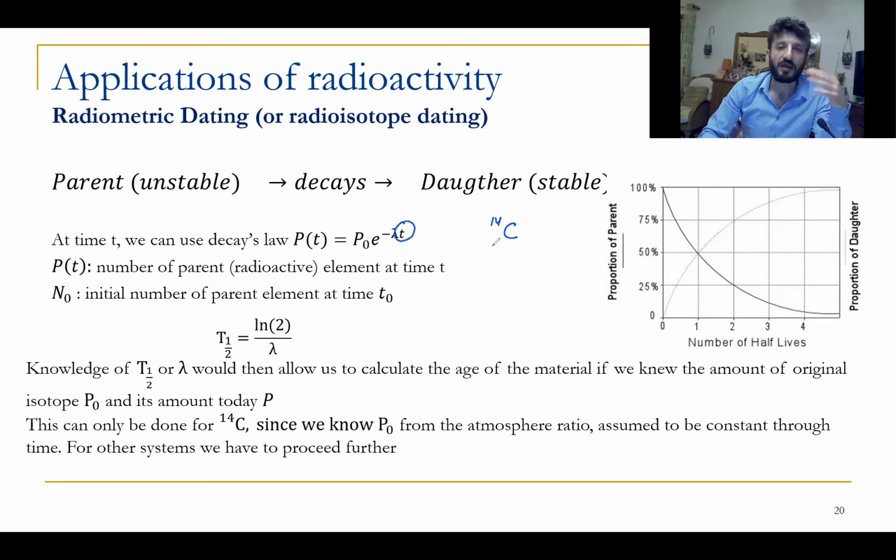So only in the case of carbon, which can be used to calculate the age of organic matter, can we use this formula directly. But in the case of fossils and rocks, we cannot use this method. We have to apply another method. We will talk about them in the next slides.